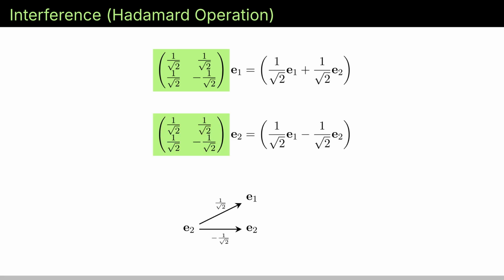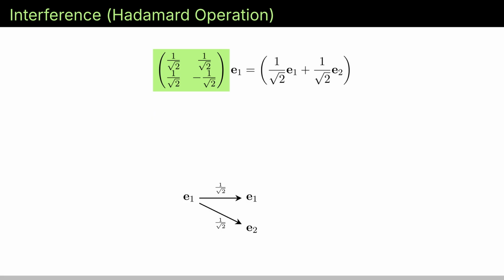And it also takes a system that's definitely in state 2 to a system that's in a superposition of a 50% chance of being in state 1 and a 50% chance of being in state 2. This negative 1 over the square root of 2 coefficient is different, but it still represents the same probability. If we take the length squared of this coefficient, we still get 1/2.